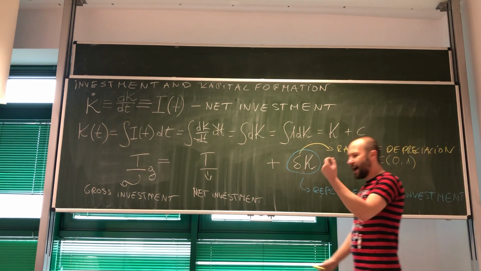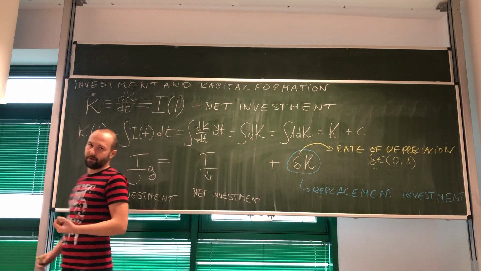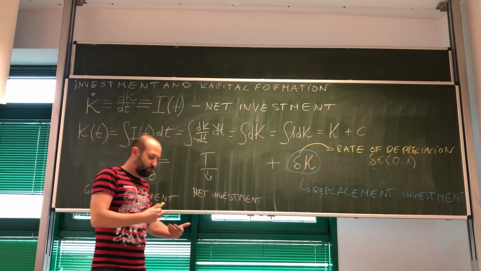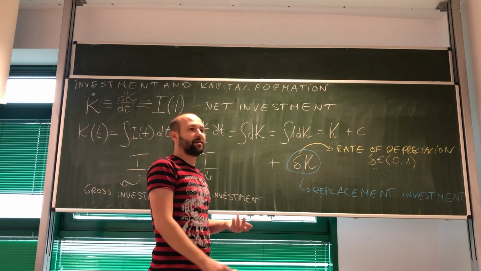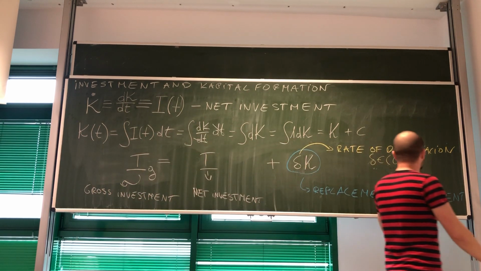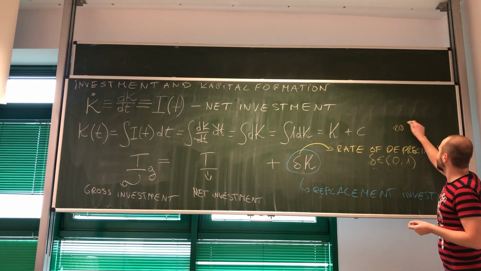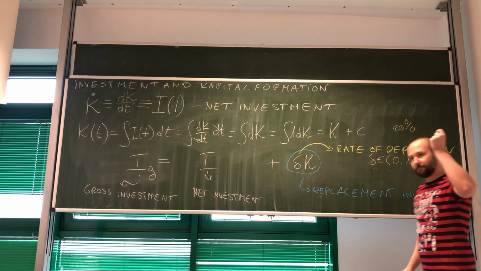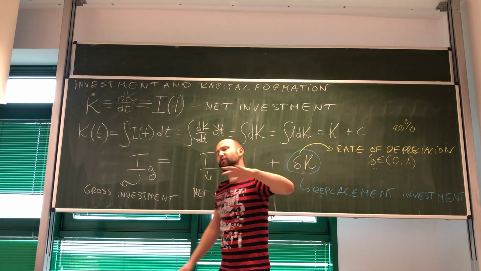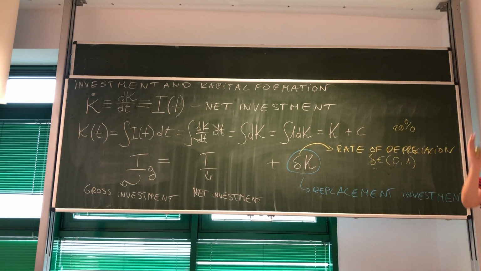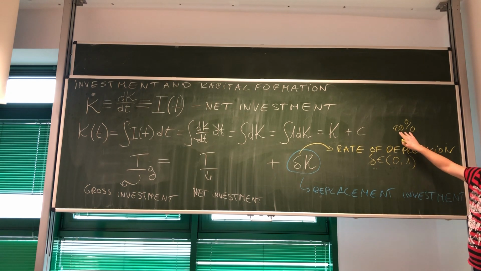Okay, look, in our previous example with trucks, we had 10 trucks, 2 trucks are broken. What is delta in our hypothetical example? Well, it's 20%, right? Well, not exactly. If those 2 trucks were completely destroyed, that would be 20%.